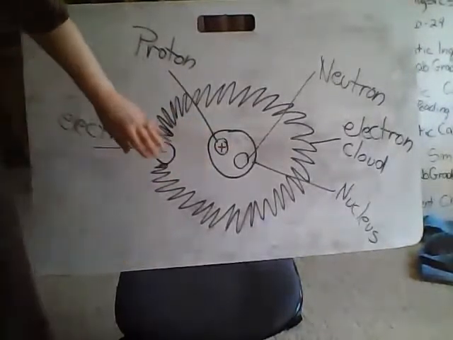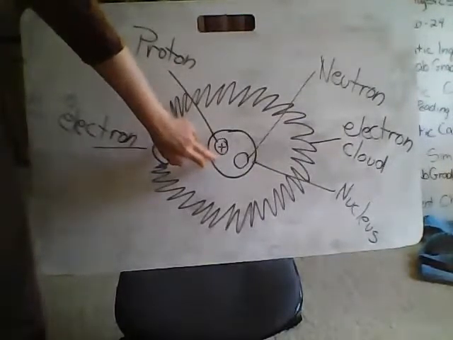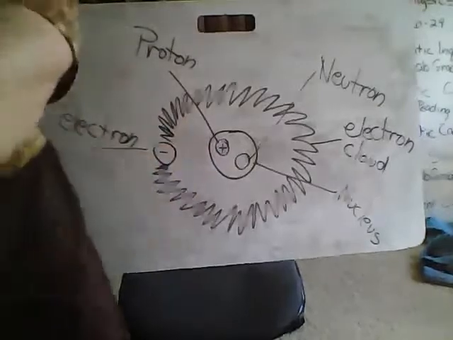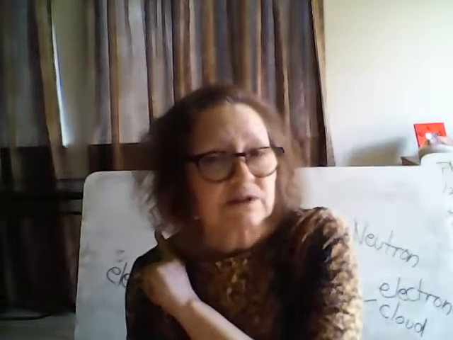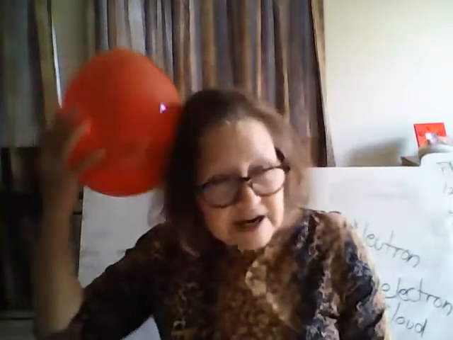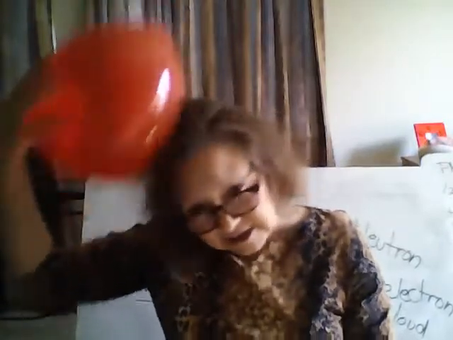But if I lose an electron, now the object has more positive charge than negative charge. The object did not gain protons, but there's more of a positive charge when you lose an electron. You have more of a negative charge on the balloon when it gains the electrons.